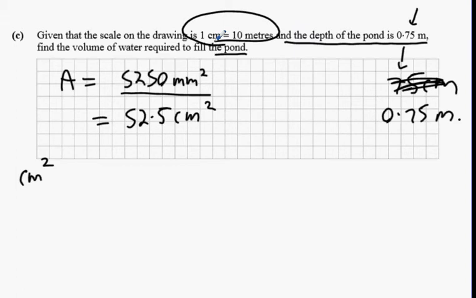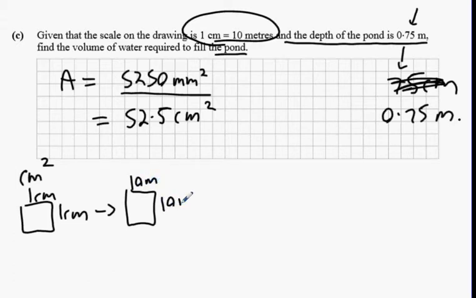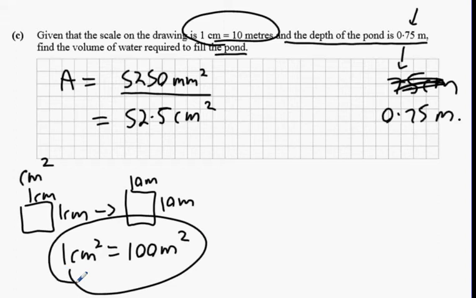In the scaling of the diagram, 1 centimeter squared is the same thing as, anybody? 10 meters in both directions. And what's 10 meters in both directions? 1 centimeter squared is the same as 100 meters squared. For this question only, not all the time, only for this question, because it's what 1 centimeter was.